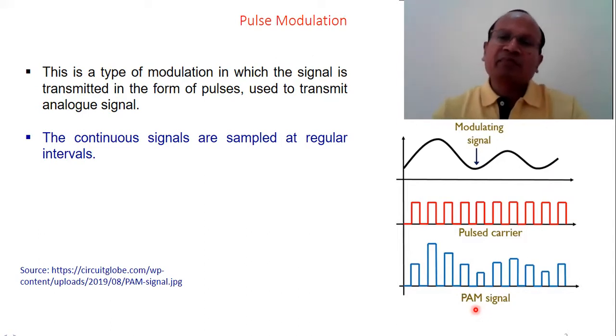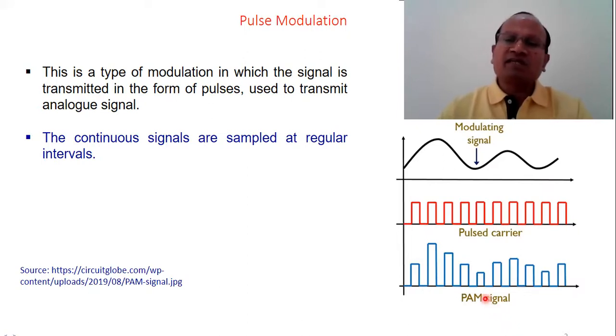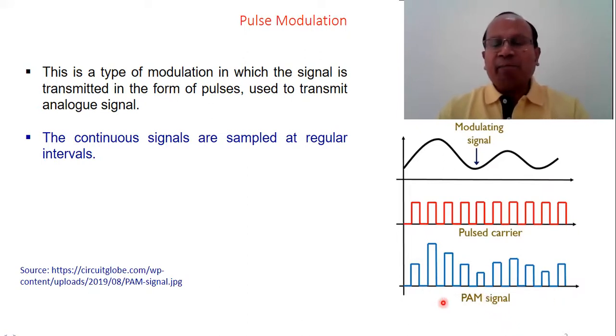In PAM, since it is written here, we must explain here only. PAM is the signal where the amplitude of pulse, what pulse? Carrier pulses. The amplitude of carrier pulses will vary according to instantaneous value of modulating signal. Look at here. The modulating signal amplitude is increasing. So if you see, the carrier amplitude is increasing here.